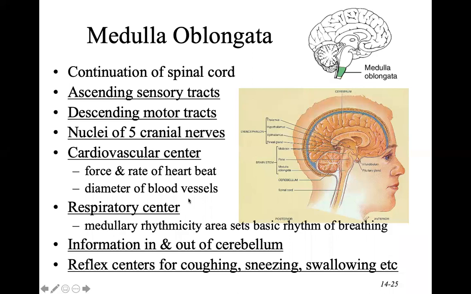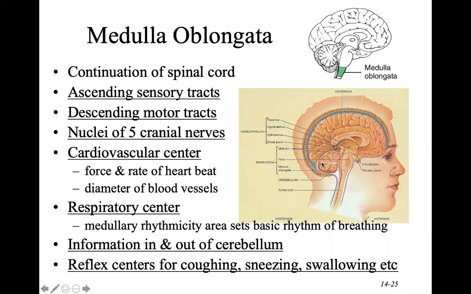So we want to make sure that there's no subluxation complex or neurological interference at the level of the medulla, because it will interfere with the function of those 5 cranial nerves, the cardiovascular center, and respiration. On top of that, there could be coughing, sneezing, swallowing issues, and vomiting. All of these centers are controlled by the medulla.